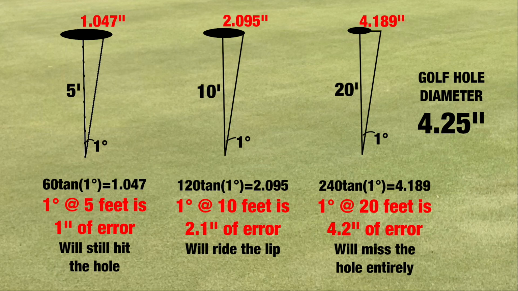And 1 degree, of course, is not that much. You know that a right angle is 90 degrees, so 1 degree is not that much. And we see here at 5 feet that 1 degree of open or closed from our intended straight line is exactly 1.047 inches off from center, so about 1 inch.